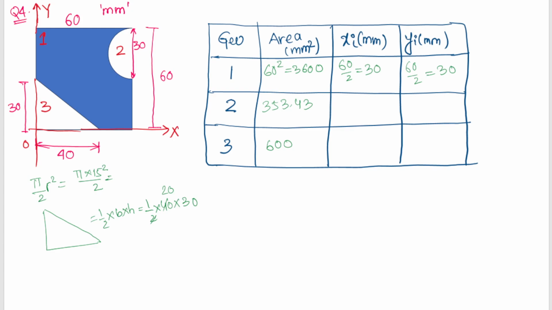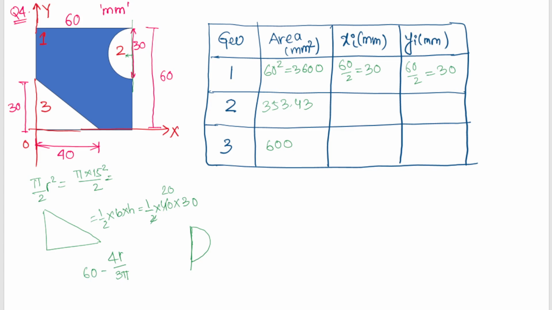Now for geometry 2, remember, there are other ways. You can find this distance directly, but that is going to be a lengthy process. What I suggest is you have the formula to find the distance from the flat side. This is the flat side for this geometry. So this value from this side is going to be 4r by 3 pi. If this entire length is 60, then from this point the distance is 60 minus 4r by 3 pi.